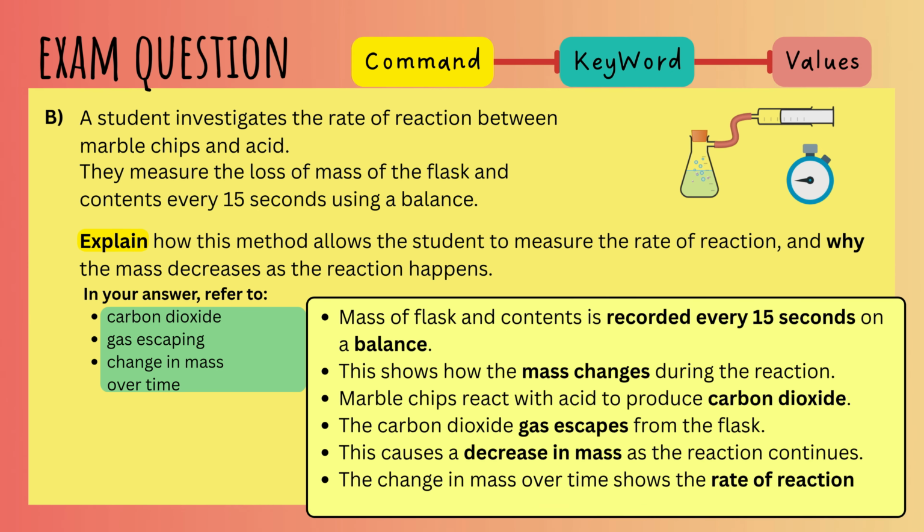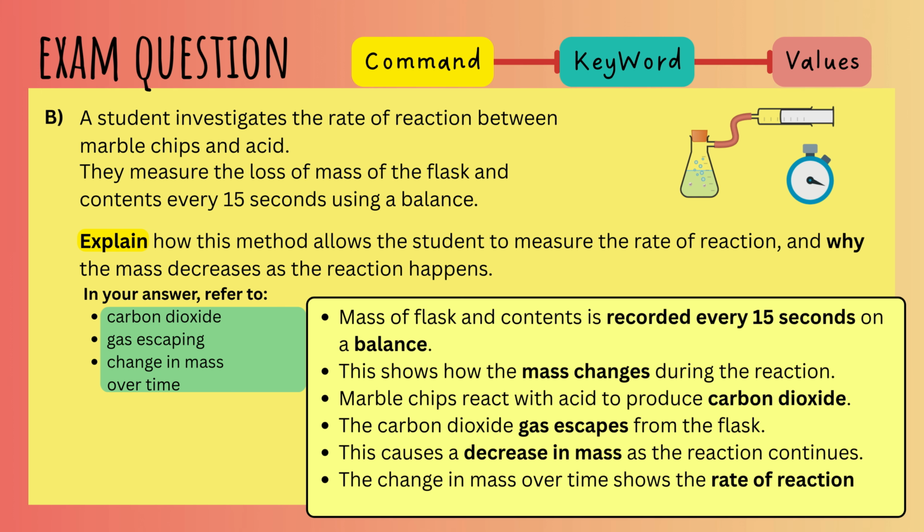Now, I did promise that examiners can be quite tricky with their wording, and so is true of me also. B. A student investigates the rate of reaction between marble chips and acid. They measure the loss of mass of the flask and contents every 15 seconds using a balance.